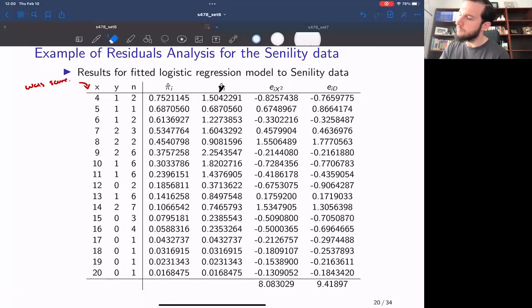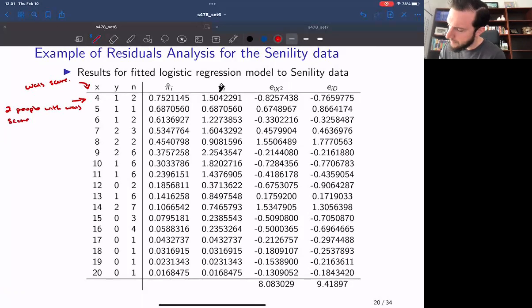Okay, so for example, here we have 2 people with WAIS score of 4, 1 experienced symptoms. So we've basically taken the data and changed it from a Bernoulli problem to a binomial problem.